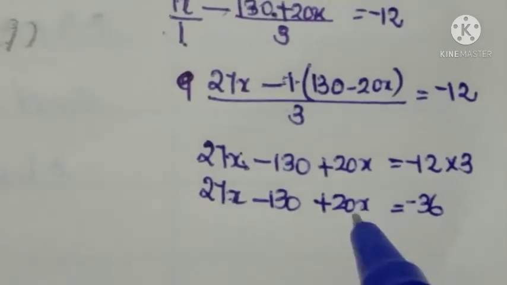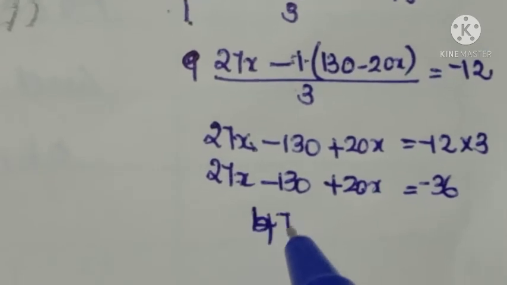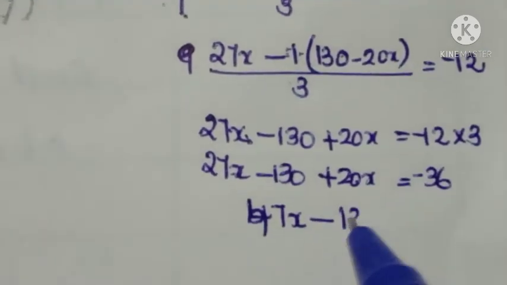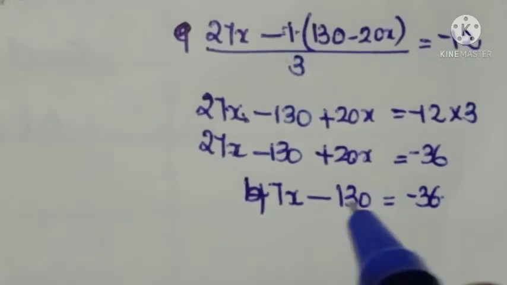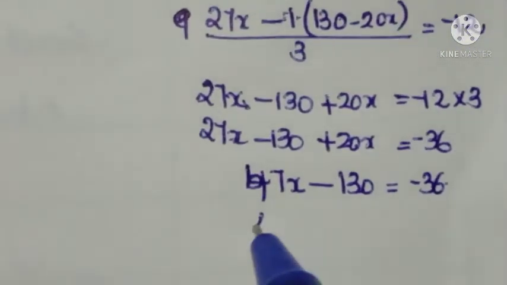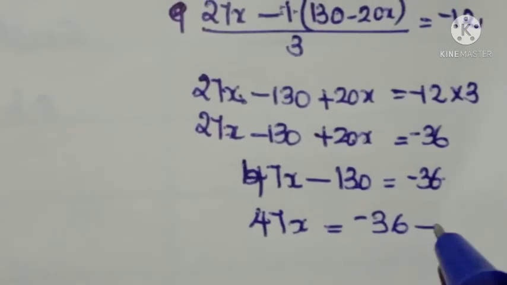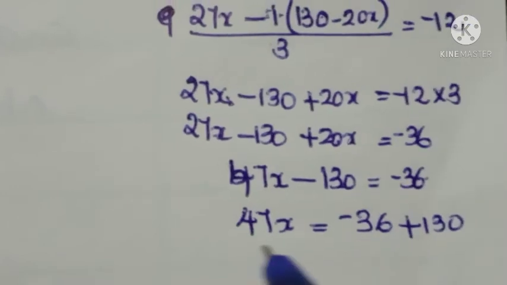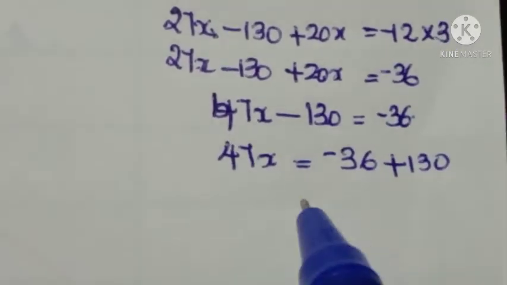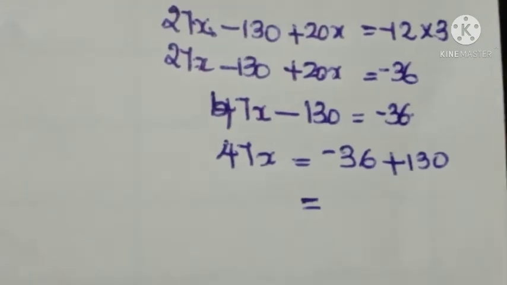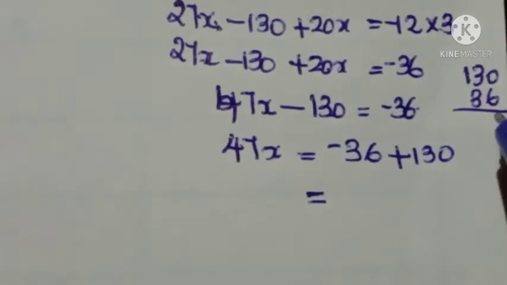Now 27x plus 20x, that is 47x, minus 130 is equal to minus 36. Now take this minus 130 to the right side. So 47x equal to minus 36 plus 130. So minus 36 plus 130 gives, listen, 130 minus 36.